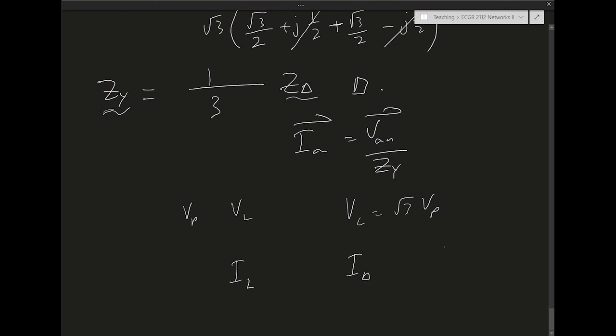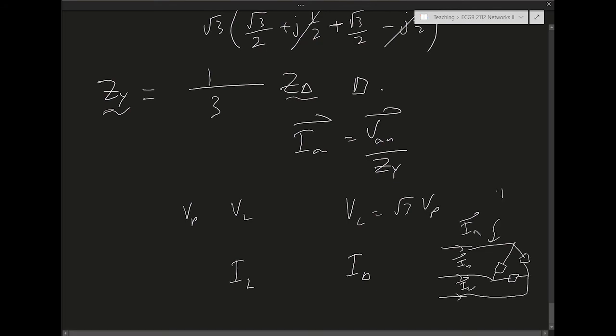If I have line currents IA, IB, IC, all phasors going into a delta load, the magnitude of the current here is I line, let's call it the line current, and the magnitude of the current here is called I delta, the current in each of those delta branches.